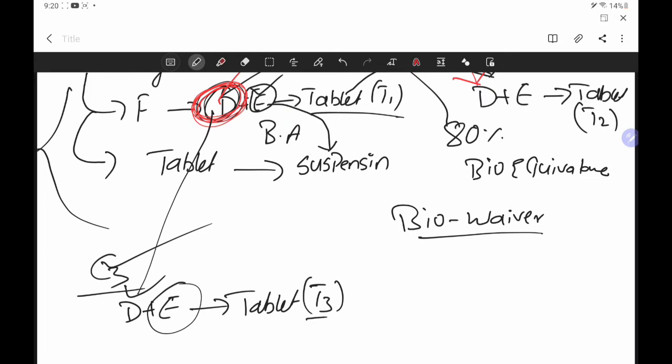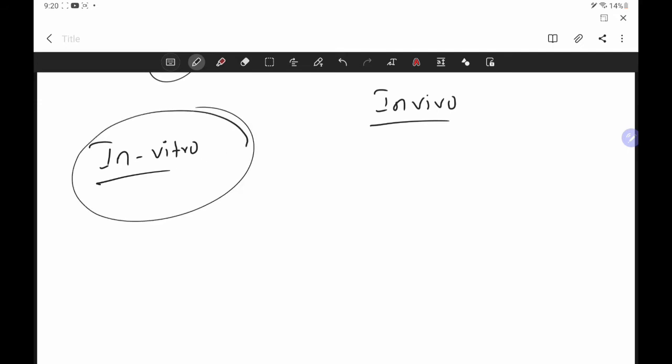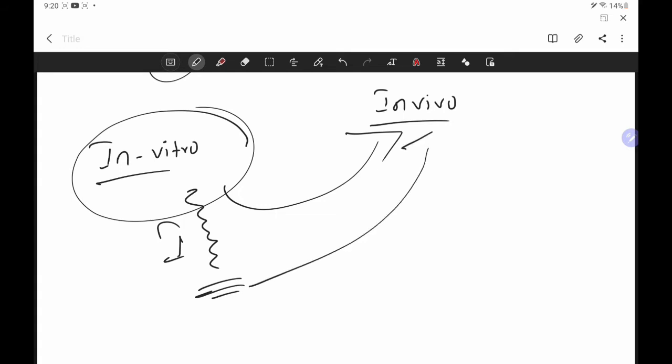To avoid that, we got the concept of bio-waiver. What bio-waiver says is use the in vitro method instead of in vivo. But to use the in vitro method has a primary requirement: instead of in vivo, I should maintain the conditions in vitro which are equal to in vivo.